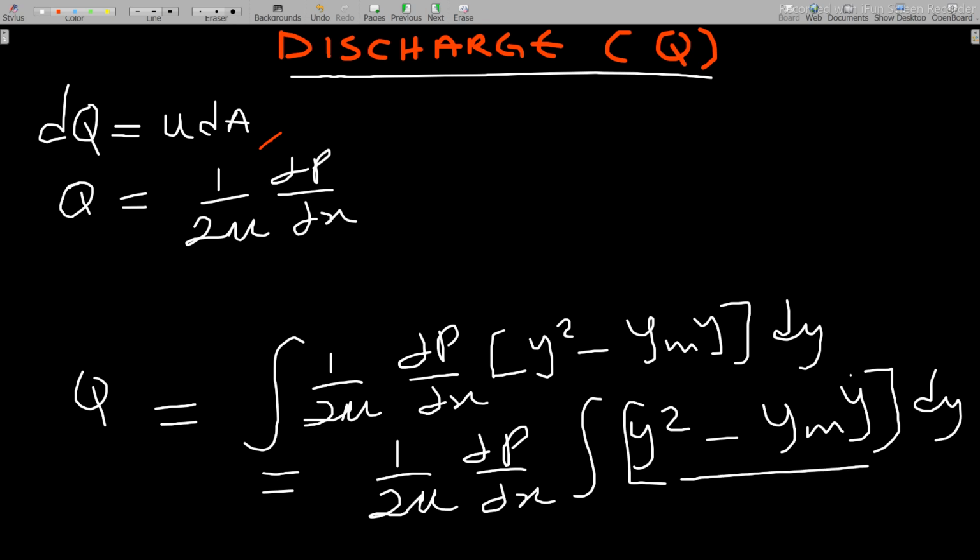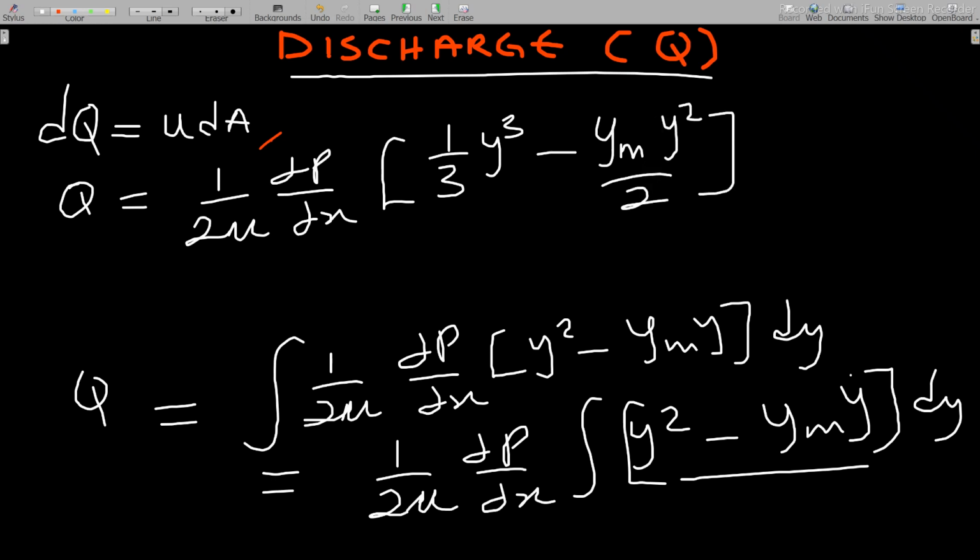So when I integrate y squared, what will I get? I'll get 1 over 3 y cubed minus, when I integrate, ym here is a number, so I'll get the same ym, then y squared over 2. And the limit of integration is from 0 to ym, so you can even put it in your integral sign, 0 to ym.